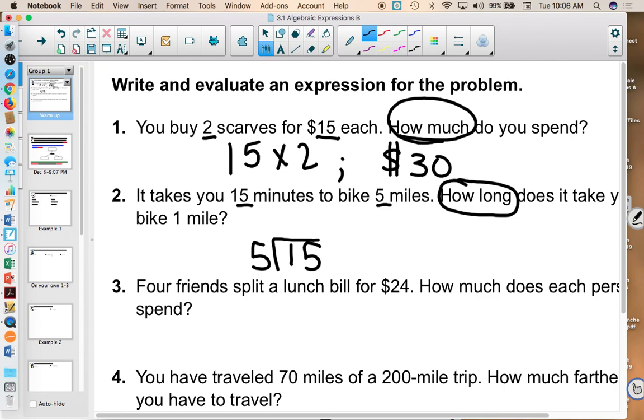Ladies and gentlemen, is he correct the way he is right now? Is 15 divided by 5 going to tell you how long it takes to bike 1 mile? Or per mile?